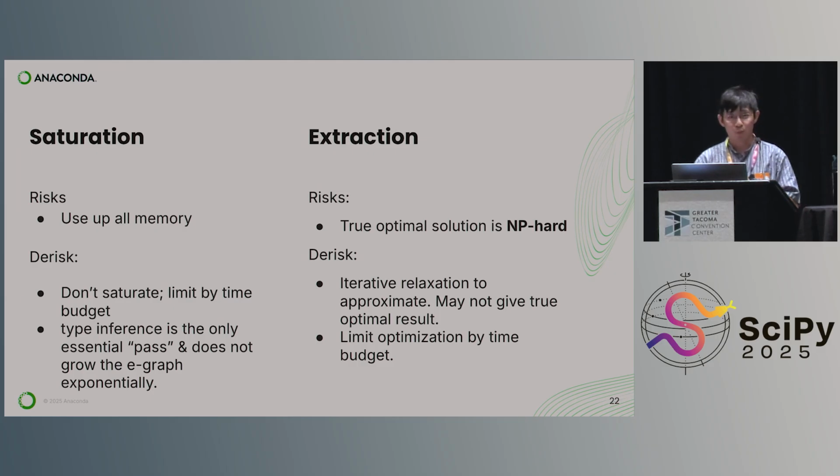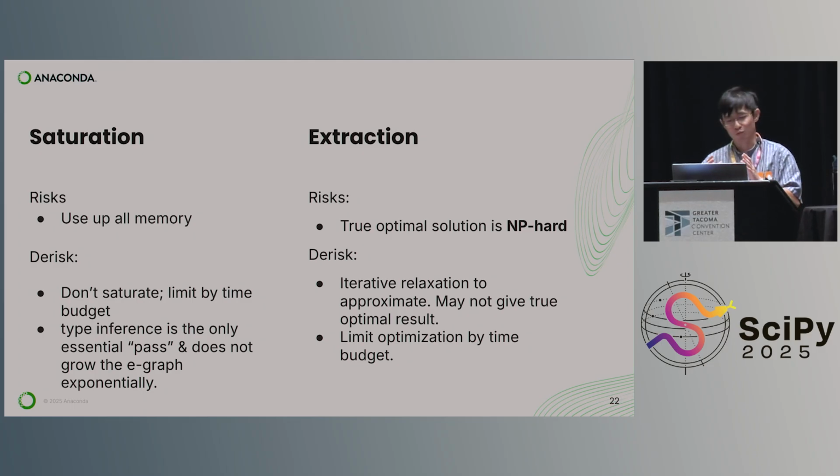The only essential pass for us is type inference, which doesn't grow the e-graph exponentially, because every expression in the program only has one type, and you cannot say two random types are equal. It's illogical. So if that's the only thing that we need to get machine code, we don't worry about blowing up the memory.